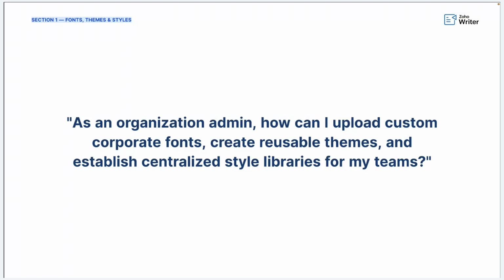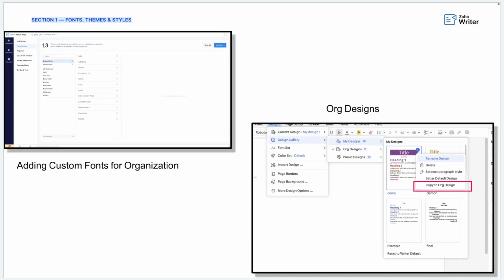In Writer, admins can upload fonts directly into their admin panel. So this will be the custom fonts that they upload. So if your brand uses a typeface that isn't in any of the standard library, you're not stuck just substituting it. You can just upload your fonts once and it is available across your entire organization.